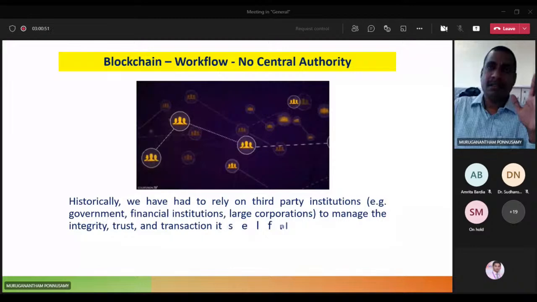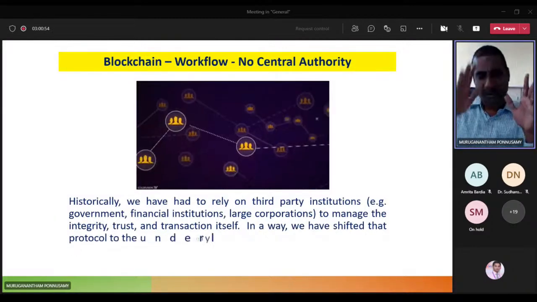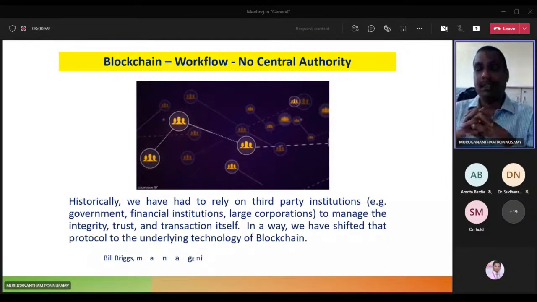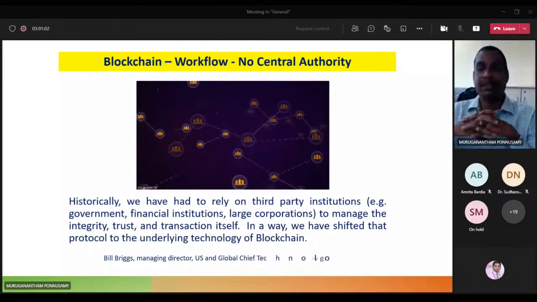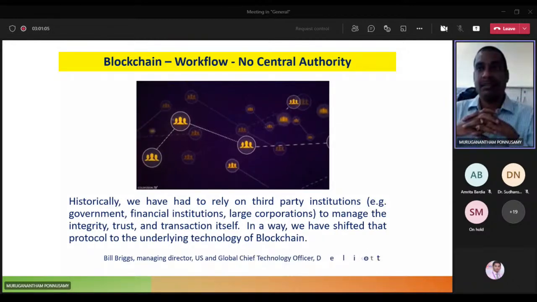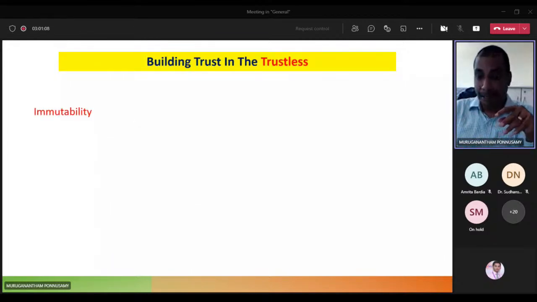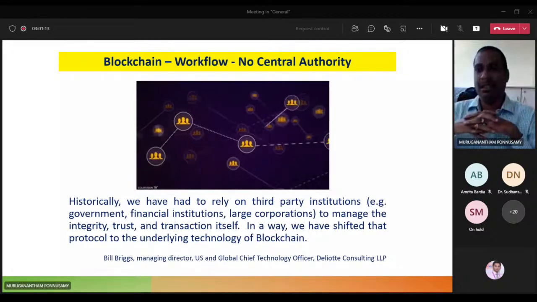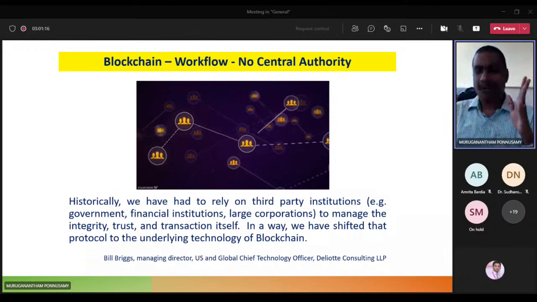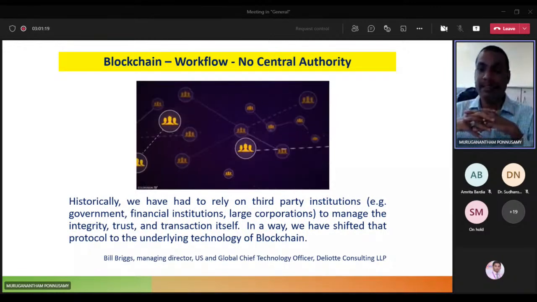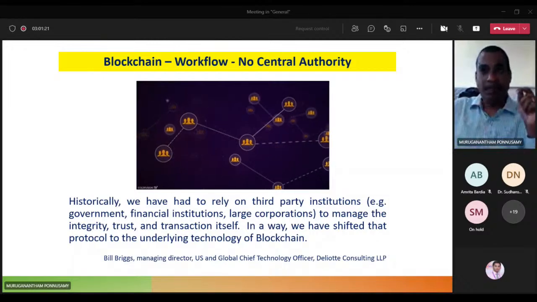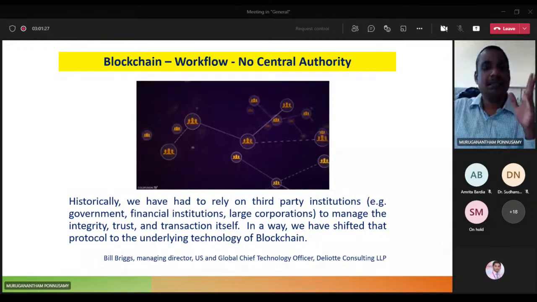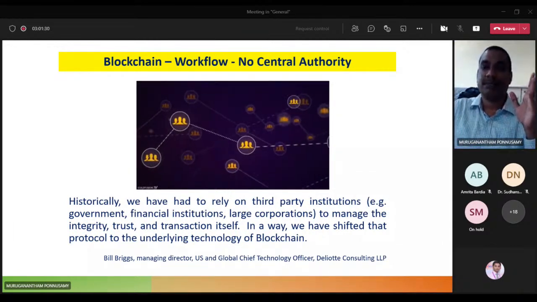Historically, from several centuries back, third-party involvement in any type of transaction has been there. Those third parties were making the integrity and trust in the transaction. Without a third party also, we can make such integrity, trust and transactions by implementing this particular technology, specifically in the finance sector.